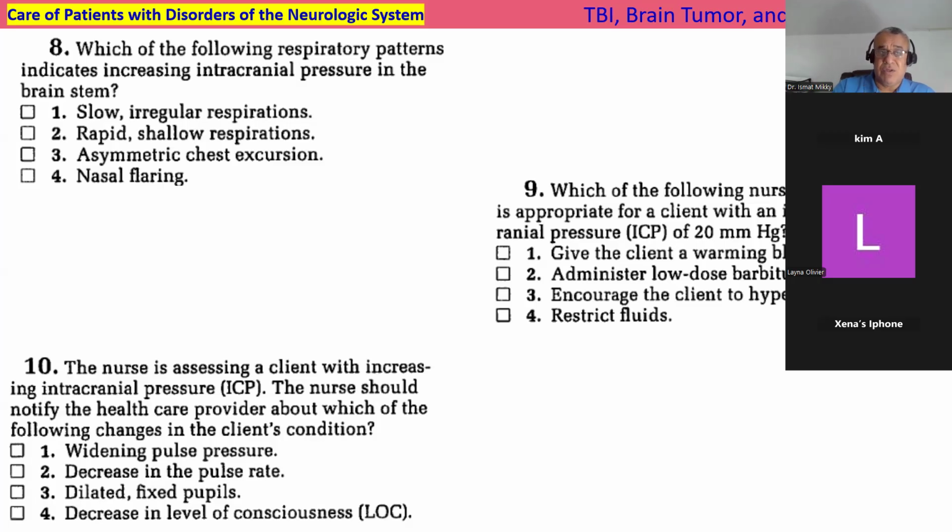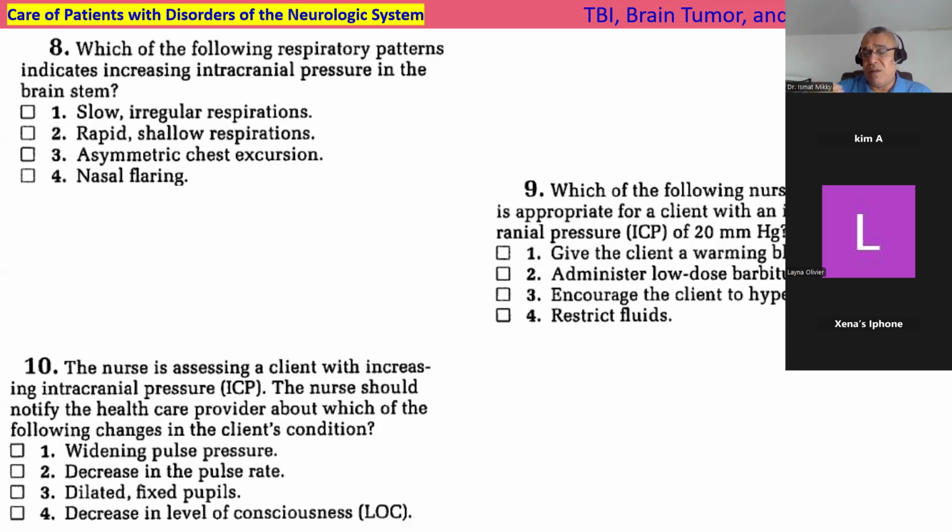Hyperventilation will result in vasoconstriction. Remember the 3 components of ICP: the brain cells, the blood in the brain, and the CSF fluid. Vasodilatation of blood vessels in the brain means more blood, high ICP. Vasoconstriction means less blood, decreased ICP. So CO2 retention is not good for increased ICP. We need hyperventilation, not hypoventilation.